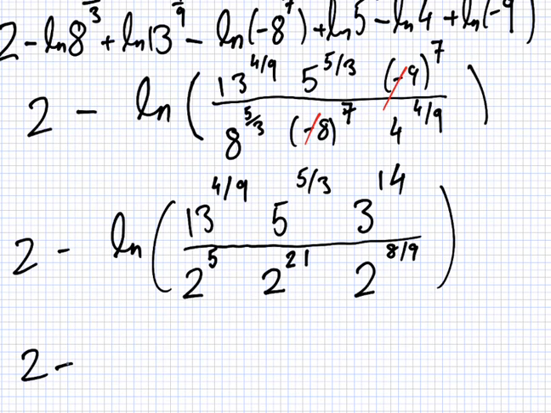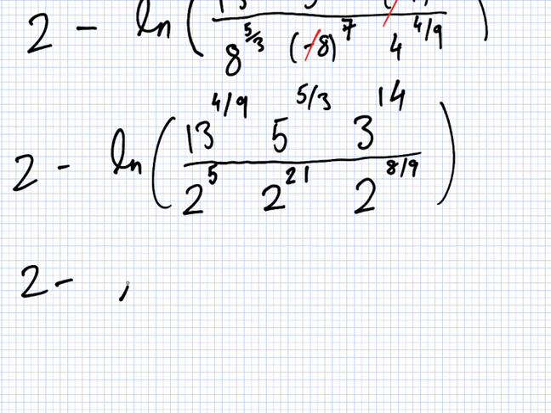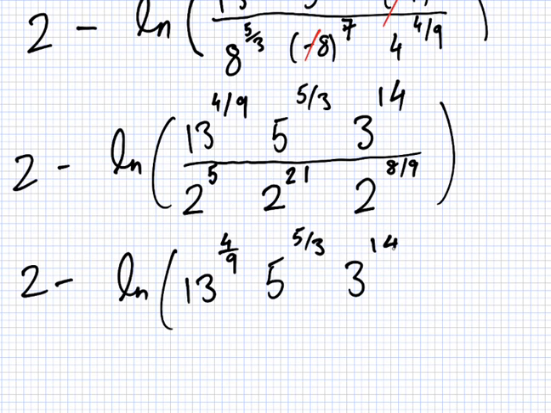Okay, so you can see there's lots of 2's here. 13 power 4 over 9, 5 power 5 over 3, 3 power 14, and then 2 power minus 5 minus 21 minus 8 over 9. Can someone just give me this power here, please?